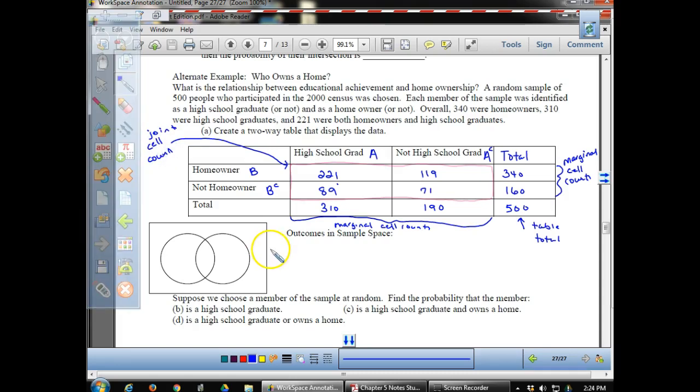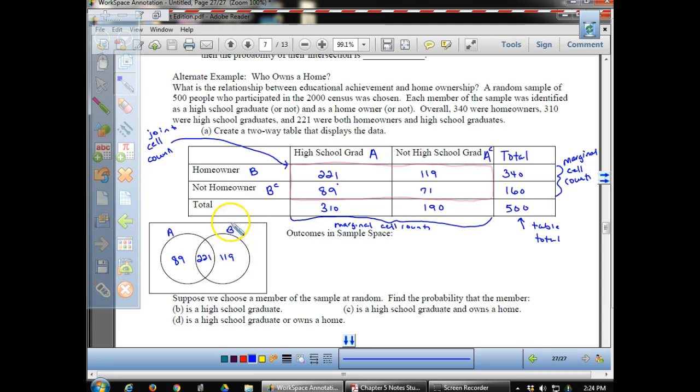Okay, so I'm going to now put everything into the Venn diagram, and I've already said that I have A as high school grads and B is your homeowners. So just using my information, I have 89 who are high school graduates that are not homeowners, and then I have 221 that are both, so it's this cell count right here, and then B is going to be 119.